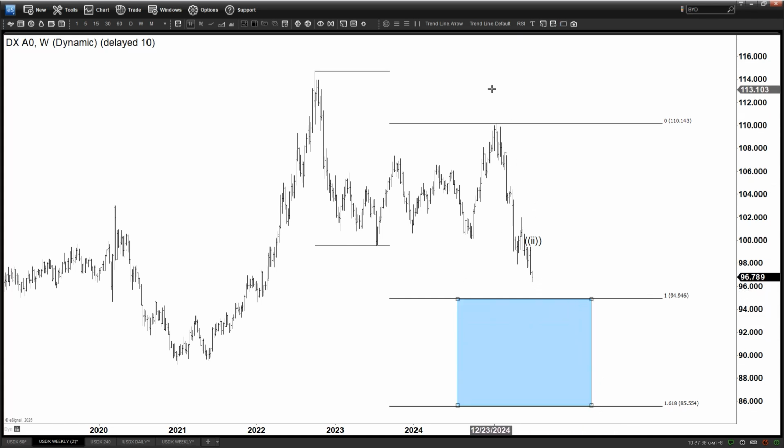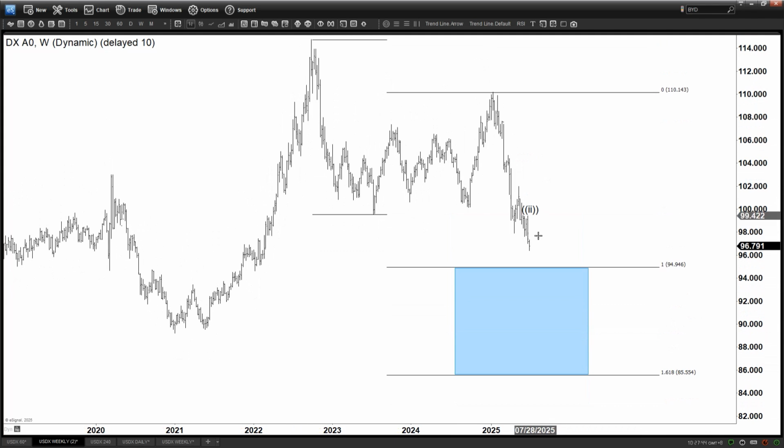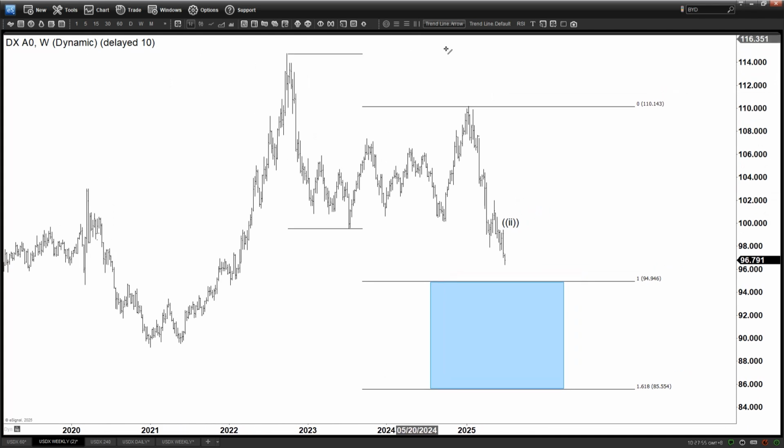If this turns out to be a massive wave 3, which is super bearish, then it can go all the way to 85 without too significant a rally. When I say significant rally, I'm looking at it from the weekly, not the hourly or daily correction here, which is technically from 98 to 101.